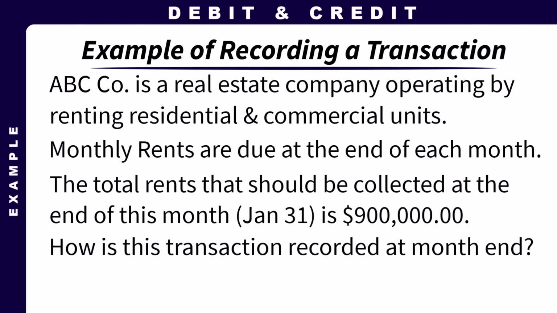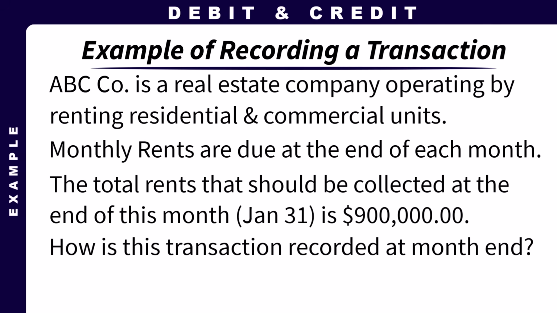The second account affected is rental income, and that is a revenue account. As discussed earlier, revenue is one of the 5 financial accounts, and rental income is just one type of revenue. Great! We collected all the information we need to record this transaction in the journal.